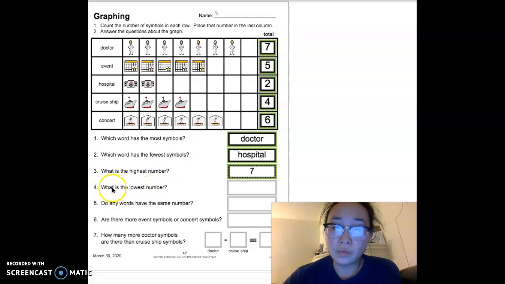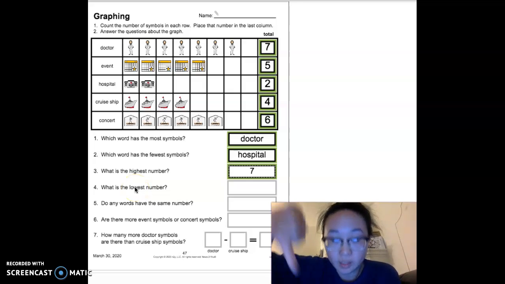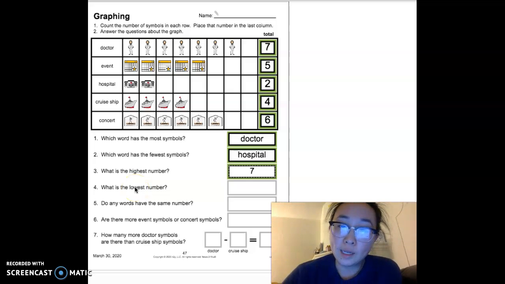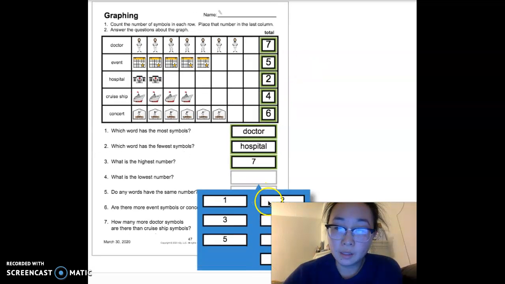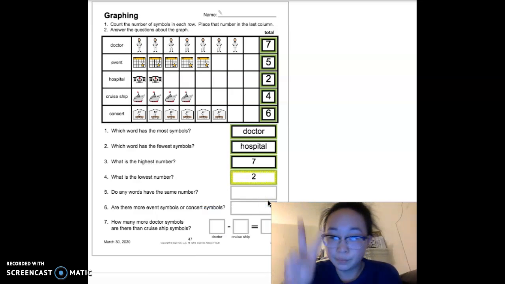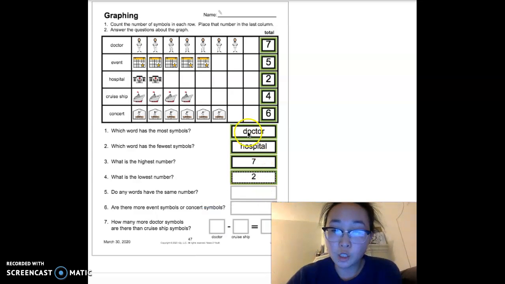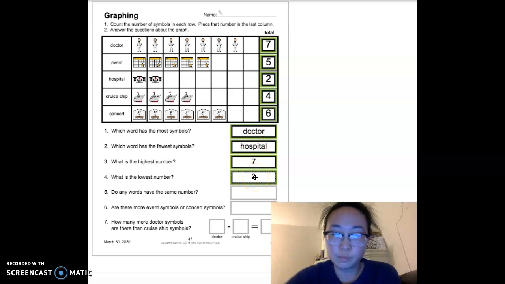So the next question asks, what is the lowest number? Which number is the lowest? I'll give you a moment to look for that. The lowest number is 2. So doctor has the highest, hospital has the lowest.